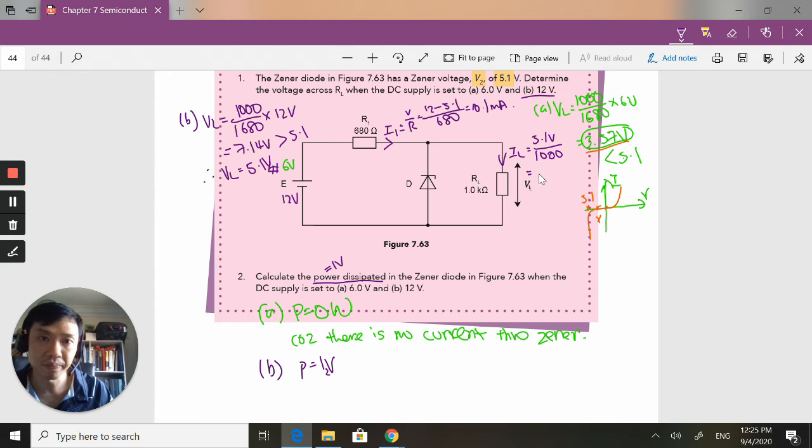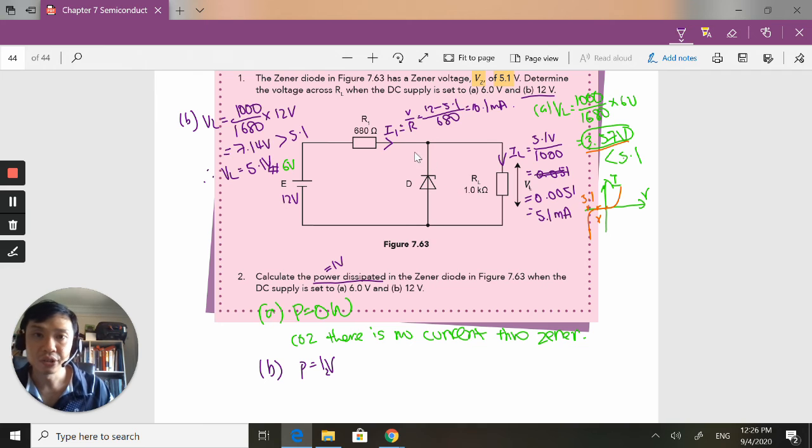This is 0.0051 amperes, which is 5.1 milliamperes.